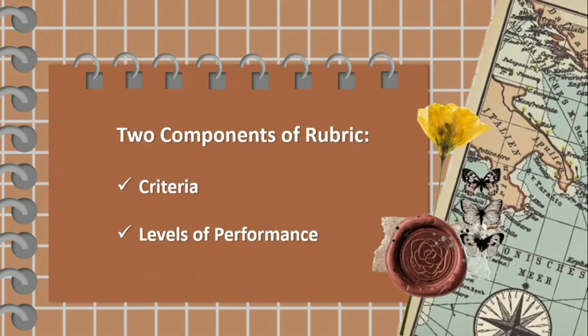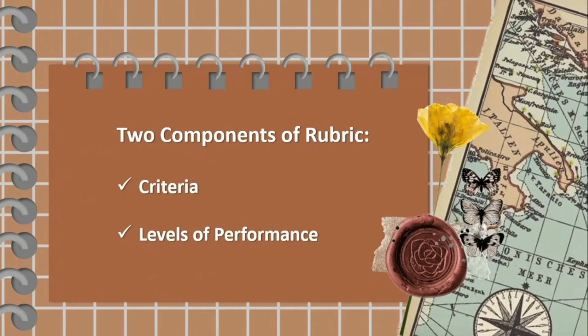So, let's proceed to the two components of rubric, namely criteria and levels of performance. So, what is criteria? Criteria is a standard or principle for judging, evaluating, or selecting something.